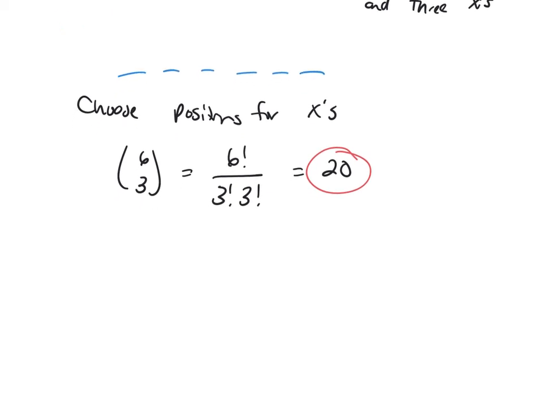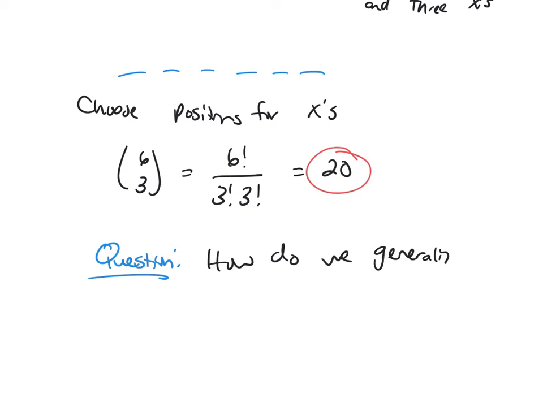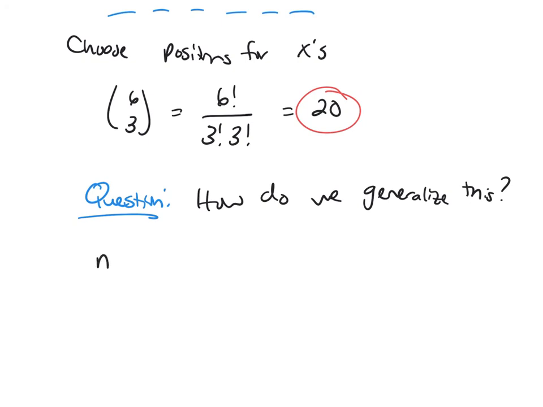We did this for a specific example, but you can ask, how do we generalize this? If we have n categories, before we had 4 categories, and we had 3 vertical bars.